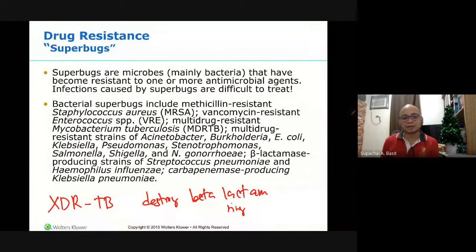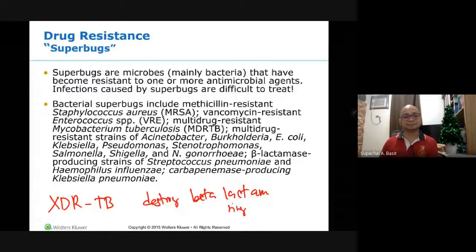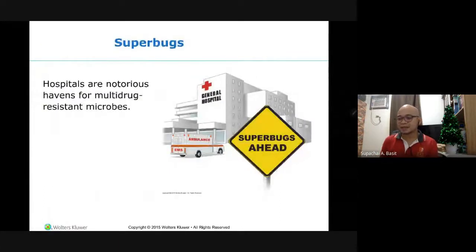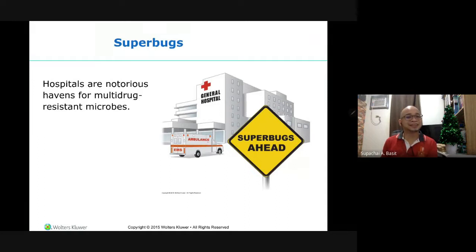Okay, so these are the things that we do not want our patients to have, because it's quite difficult to treat them. Hospitals are notorious havens for multi-drug resistant microbes.